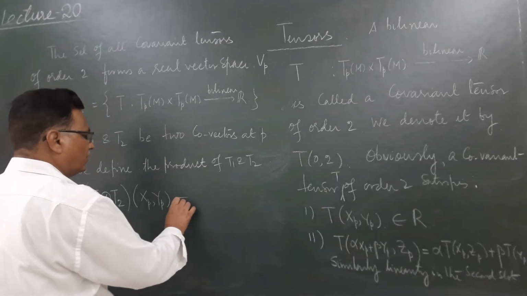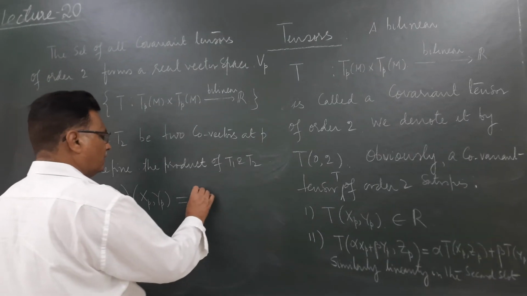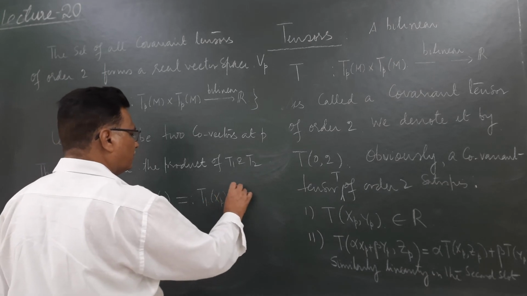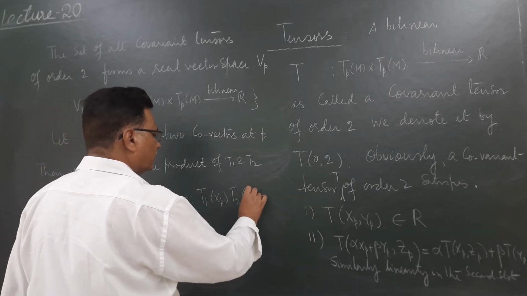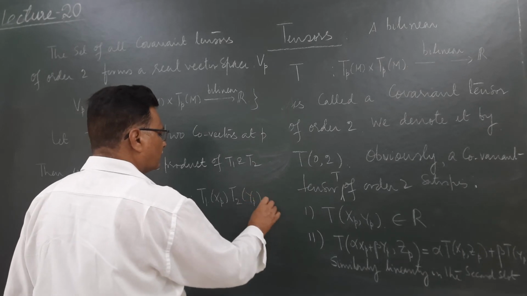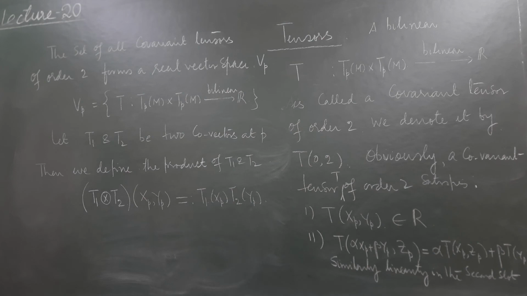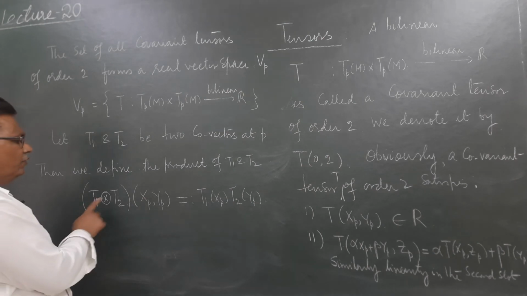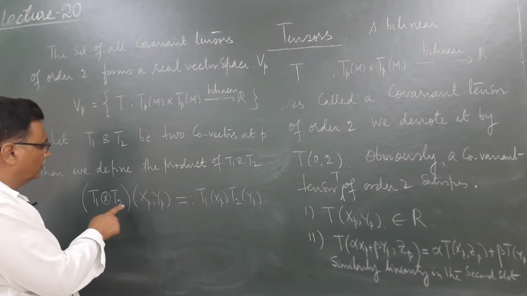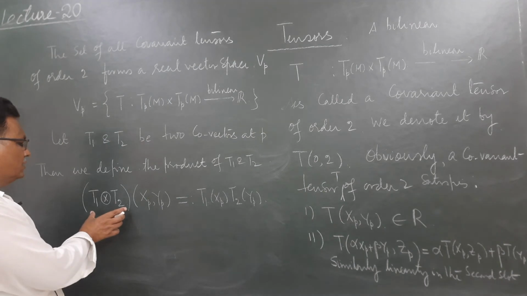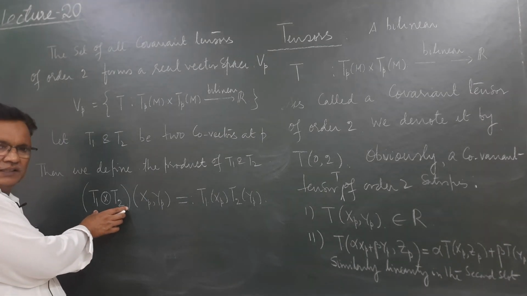And I propose the definition as T1(xp) into T2(yp). देख लीजिए, सिंपल सी प्रोडक्ट डिफाइन करी. T1 को पहले वाले पे ऑपरेट कर दिया और T2 को दूसरे वाले पे ऑपरेट कर दिया, और इससे कुछ बना या नहीं बना ये देखना है.